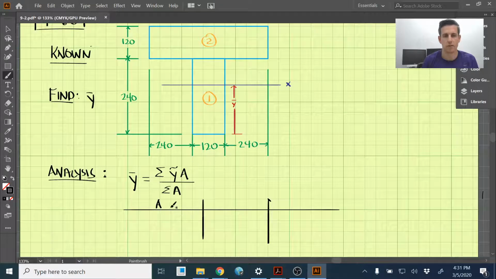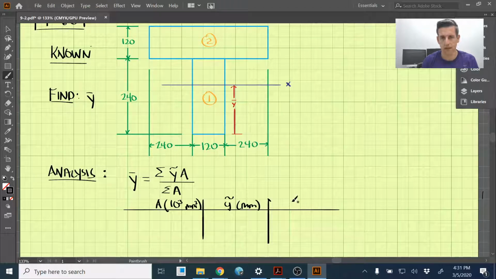And since these are all in millimeters, the areas start to get really big. So I'm going to put this in 10 to the third millimeters squared. That's going to be our units here in the area column. We have y tilde here, and that's just going to be in millimeters. And then we're going to multiply these two columns together and get y tilde times A. And I'm going to put this in 10 to the 6 millimeters cubed. Okay, so those are the units for each of these columns.